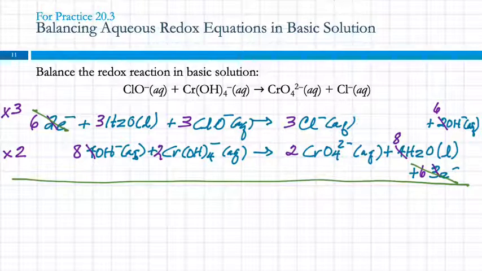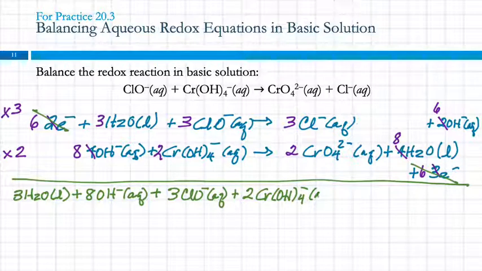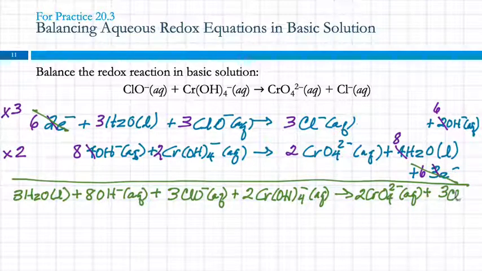So this one's even messier. I'm just going to copy down everything so that we can see what we've got, and then we'll worry about trying to make it more simple. 3 H2O liquid and 8 hydroxides and 3 hypochlorite ions and 2 of those complex ions. 2 chromate ions and 3 chloride ions and 8 water molecules.